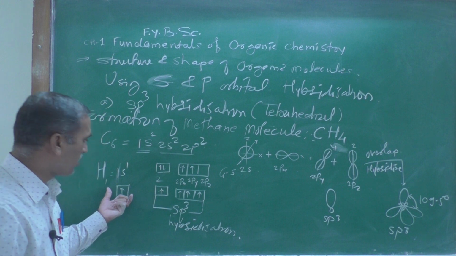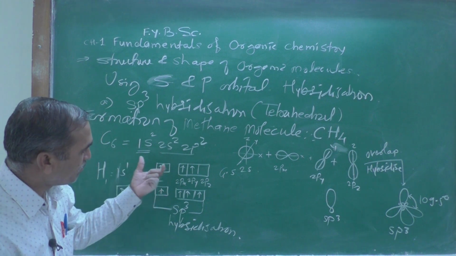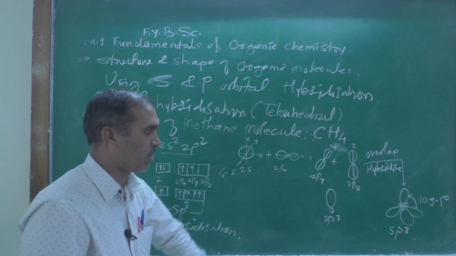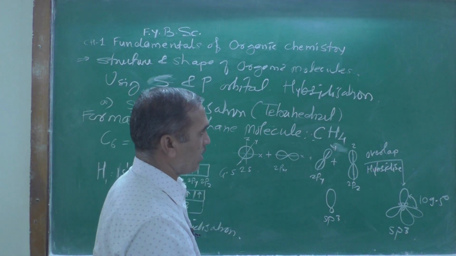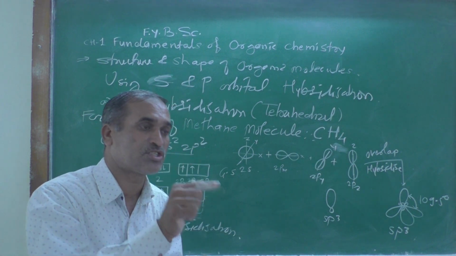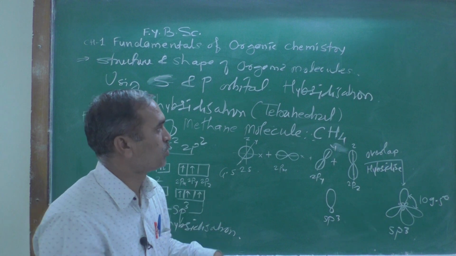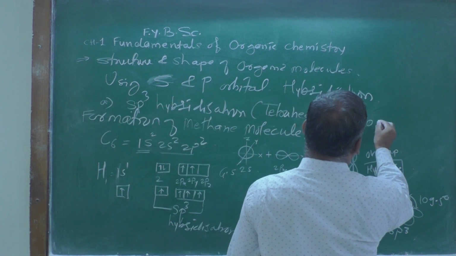So these 4 unpaired electrons get combined with 4 sp3 hybrid orbitals, and we are going to get 4 C-H sigma bonds, and these sigma bonds are formed due to coaxial overlapping.